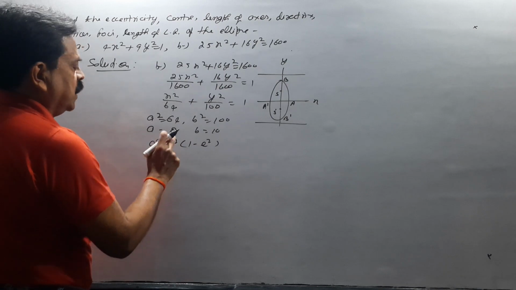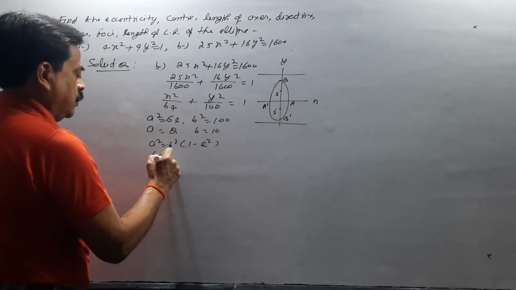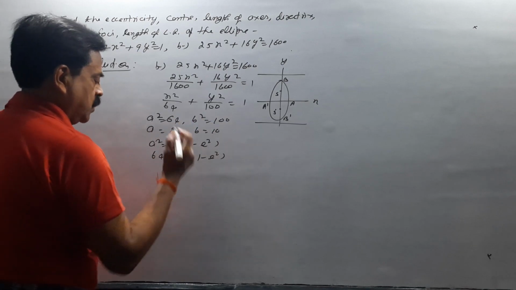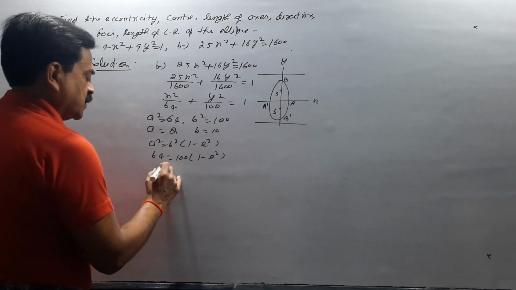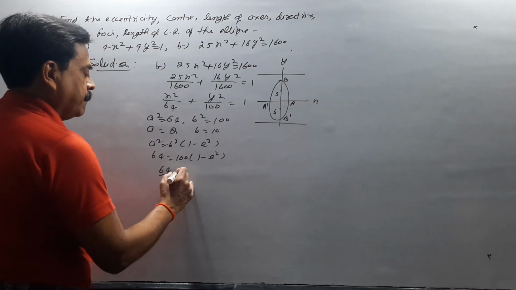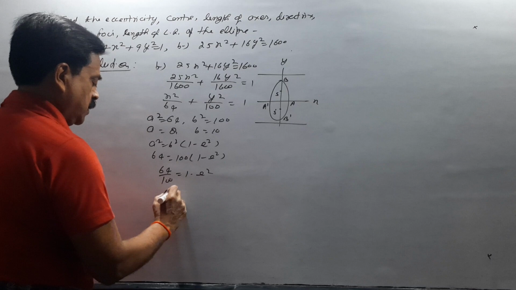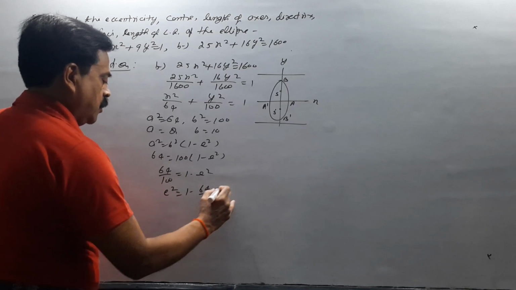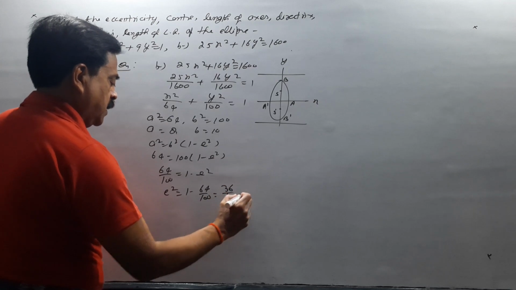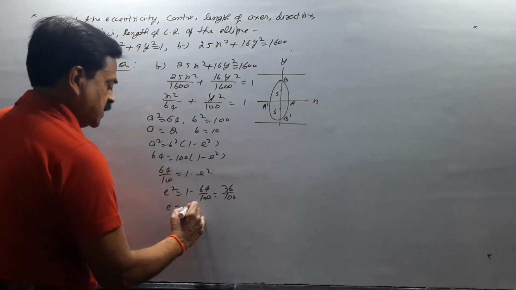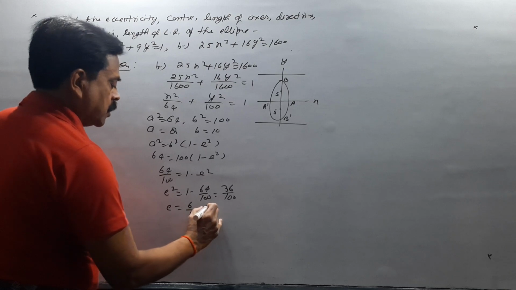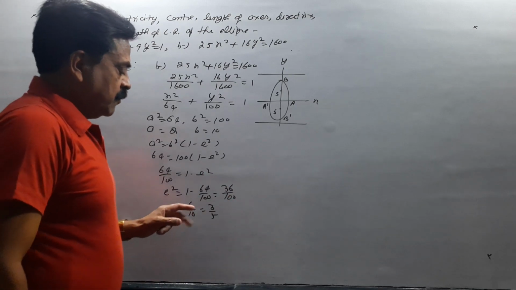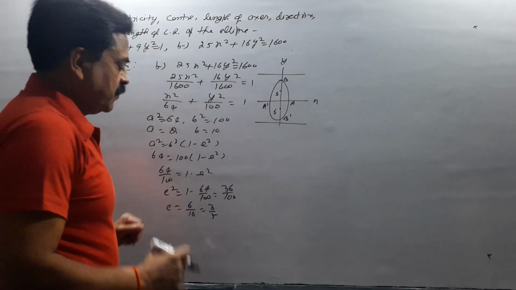Now substituting values: a square is 64, b square is 100, 1 minus e square, or 64 upon 100 equals 1 minus e square. e square equals 1 minus 64 upon 100, or 36 upon 100. Value of e is 6 upon 10, or 3 upon 5. The value of e is always less than 1.